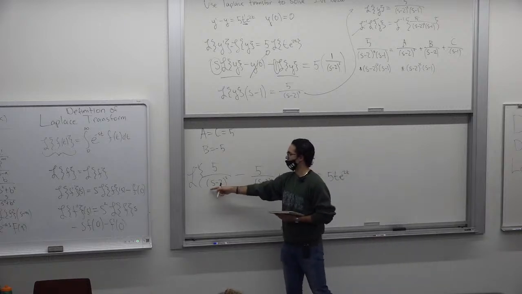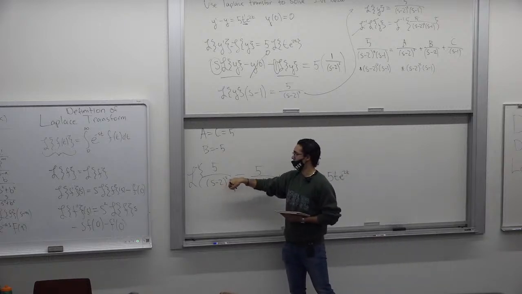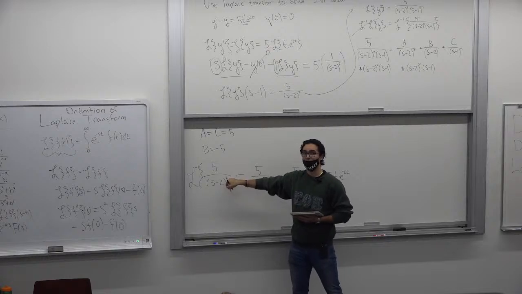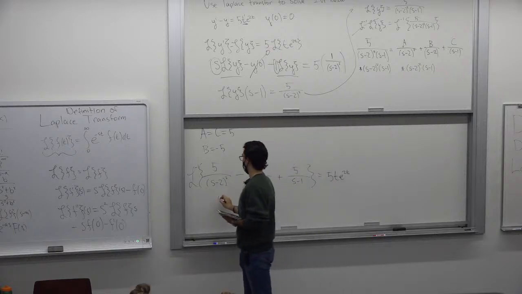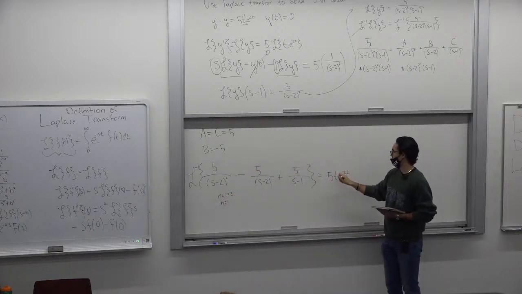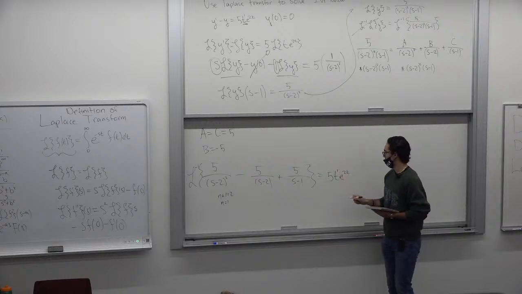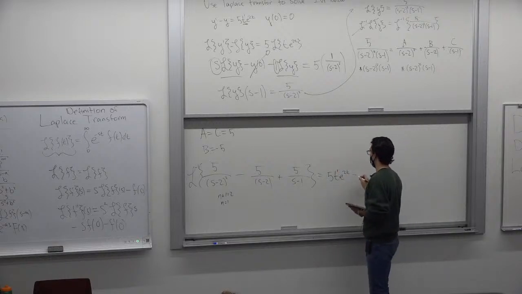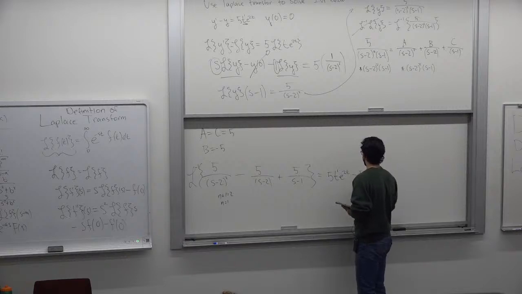A is here, s minus a. This is n plus 1. So if we have n plus 1 equals 2, then n equals 1. So our answer on top of this t is going to be 1. Then we have minus 5 times e to the 2t.